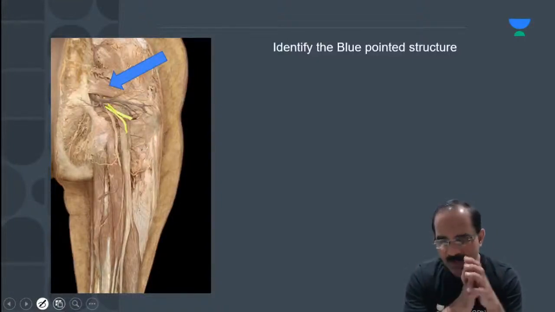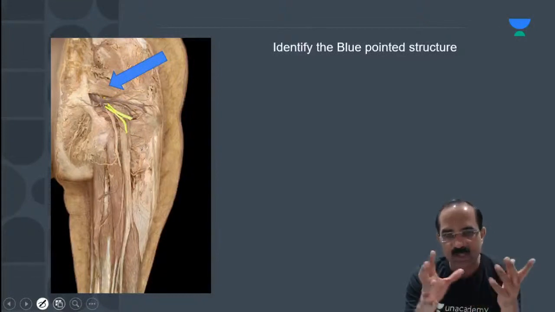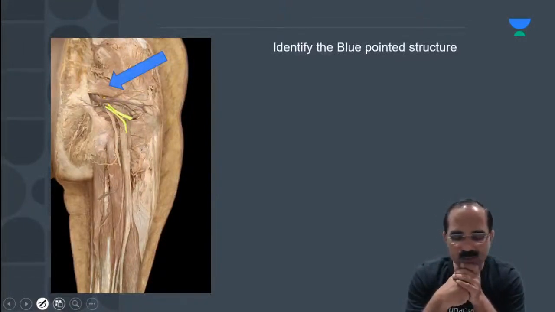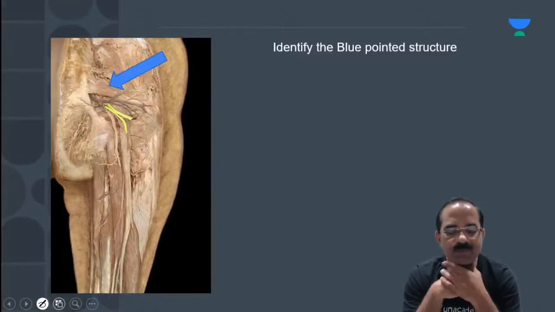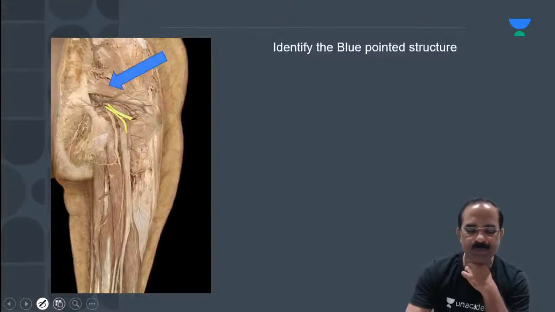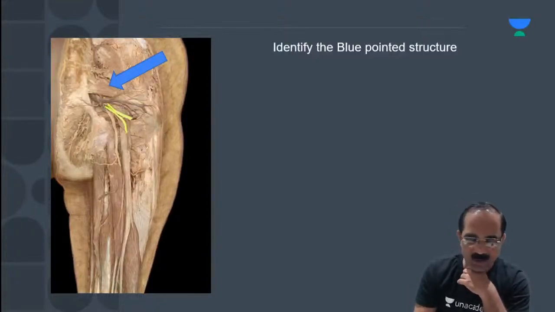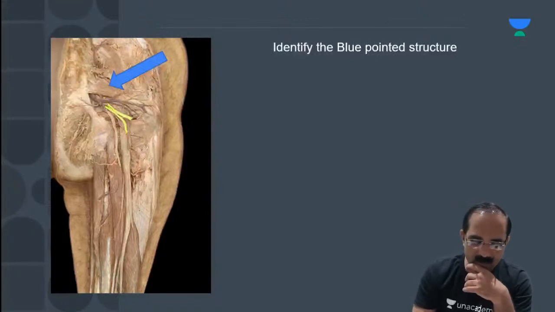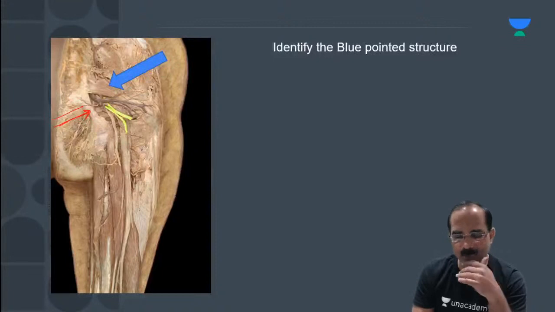A very important MCQ. What is this region? Get oriented to this. Where are we? Which region is this? This is the gluteal region. You can see this ligament here. What ligament is this? Sacrotuberous ligament. That's the sacrotuberous ligament.